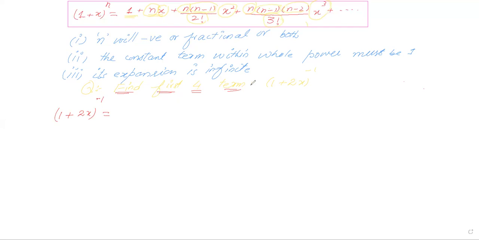First of all, I have to consider the condition of the binomial. What is the condition of the binomial? N will be negative. No doubt, the whole power is negative. Very good. The second one is the constant term will be 1. Yes, it is also satisfied. This constant term is 1. The third condition is its expansion is infinite. Okay, these conditions are satisfied. Now I can apply this formula.